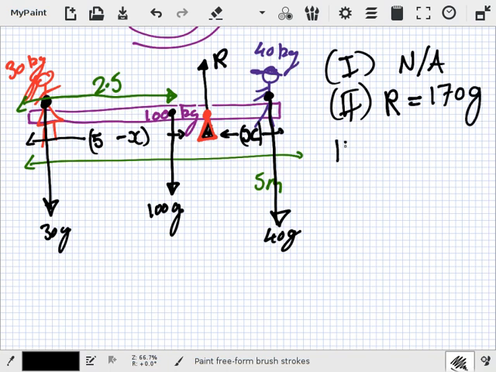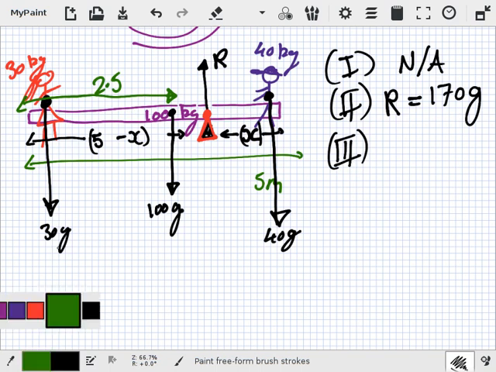But the third one is the most important one, because the third one will help us find the x, which is what we want. The clockwise equals the anti-clockwise. Okay? So let's look at each force one by one. Actually before that, where's the turning point here? Here it is. So picture that as the turning point.